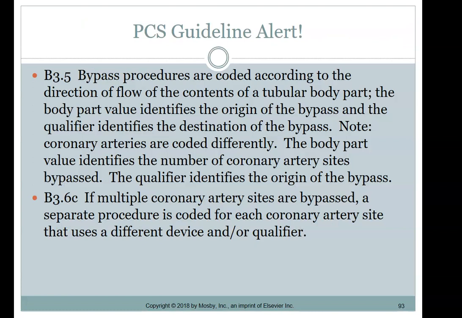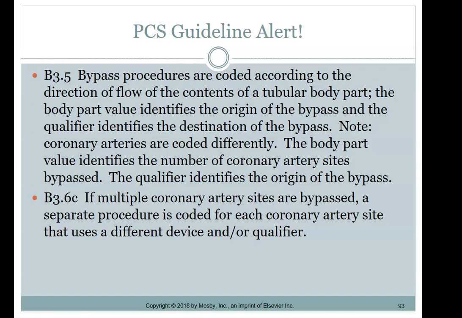Another PCS guideline alert. Code B3.5, bypass procedures are coded according to the direction of flow of the contents of a tubular body part. The body part value identifies the origin of the bypass, and the qualifier identifies the destination of the bypass. Note that coronary arteries are coded differently.